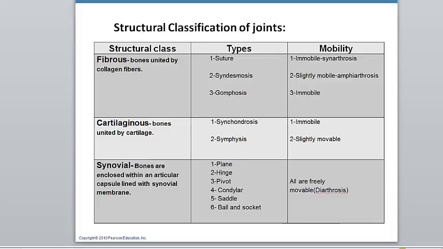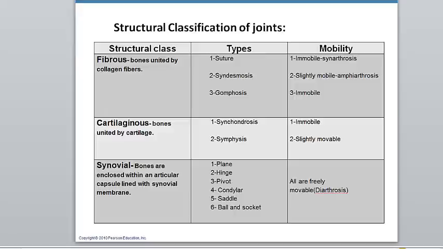This is a table that has been put together based on the classification of structure. The first one is fibrous. It uses collagen fibers to hold the bones and parts of the bones together. It is further subclassed into three: the sutures, syndesmosis, and gomphosis. We're going to talk about them individually later on.